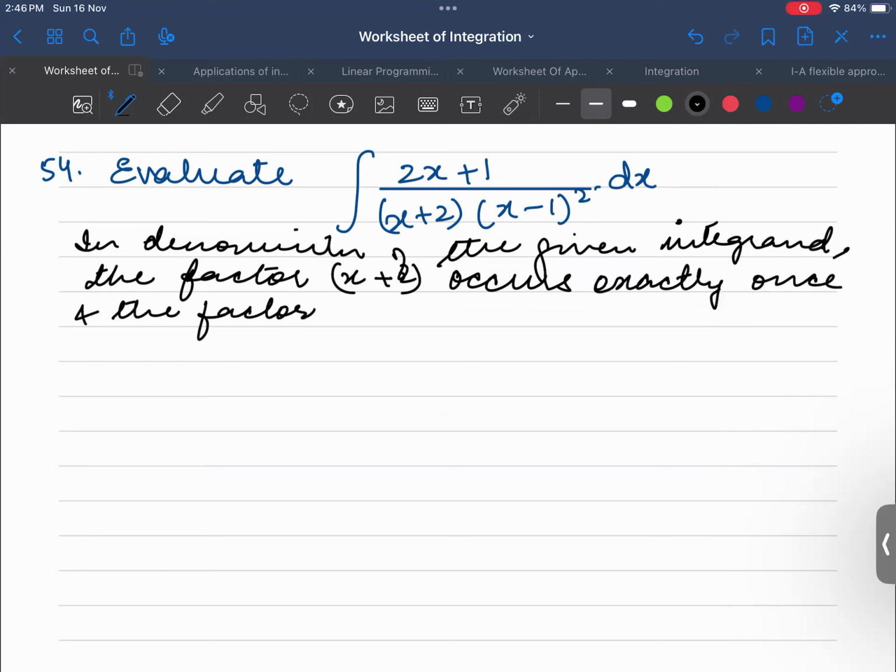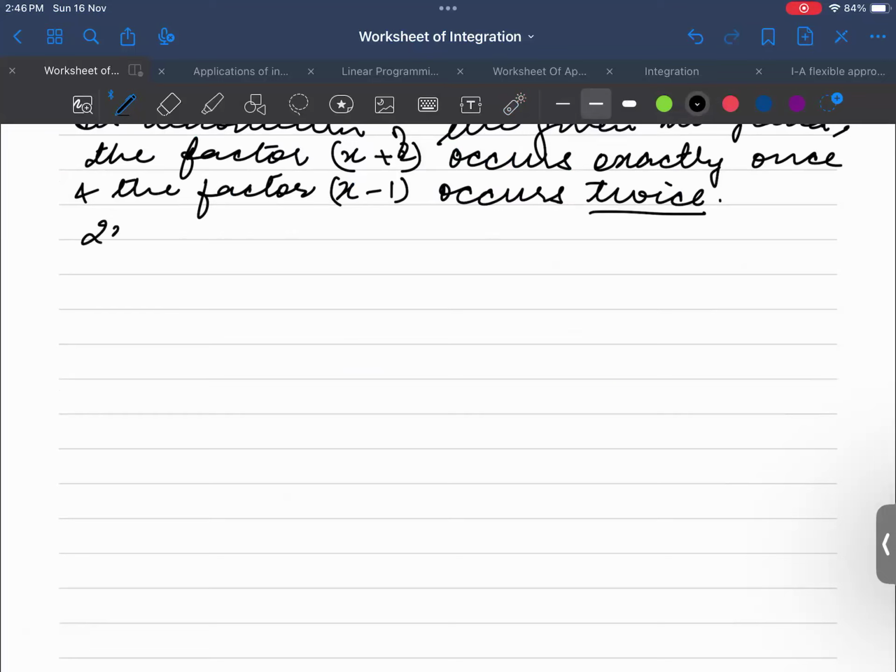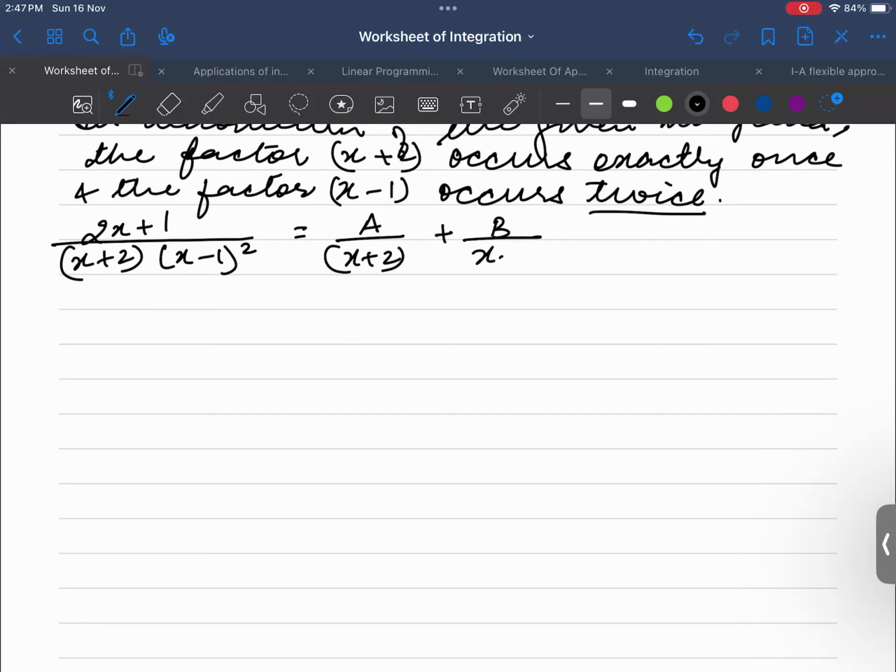So now I am writing it: (2x plus 1) upon (x plus 2)(x minus 1) whole square. It would be A upon x plus 2 plus B upon x minus 1 plus C upon (x minus 1) whole square. Getting my point?